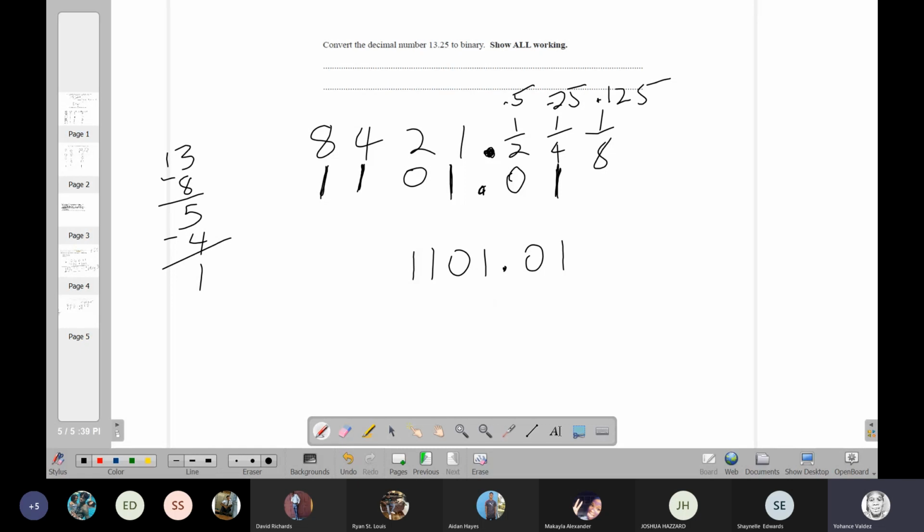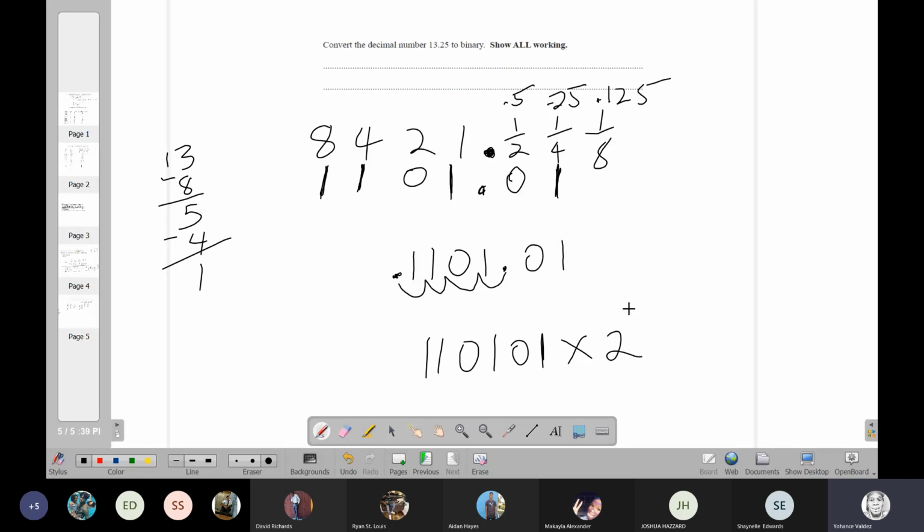But remember, normally we express this by moving the point 1, 2, 3, 4. So I move the point 4 times, right? So I will go 1101.01 by 2 to the power of how many times did I move this? 4.